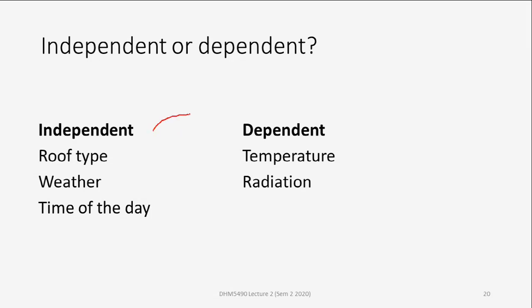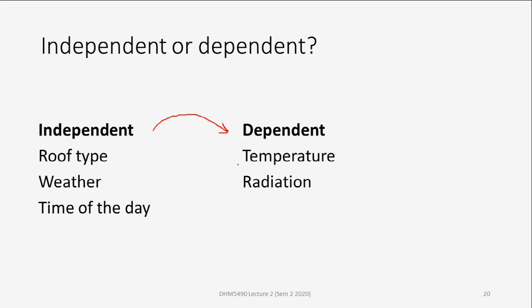The independence variables are having some effects on the dependence variable. Any changes in roof type, weather, or time of the day will change the dependent variable. And my job as a researcher is to find out, is that change statistically significant?